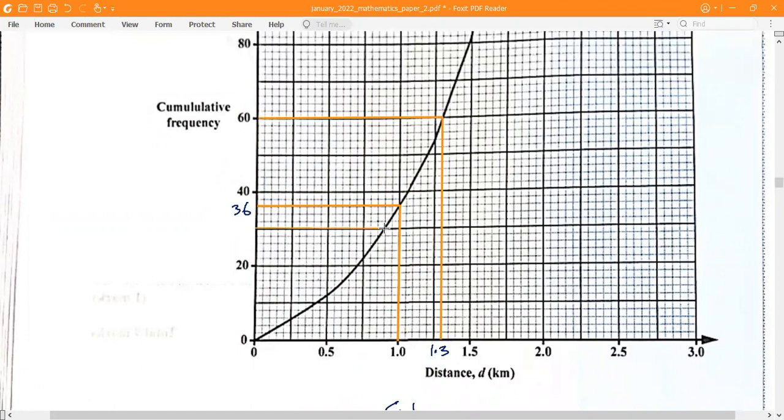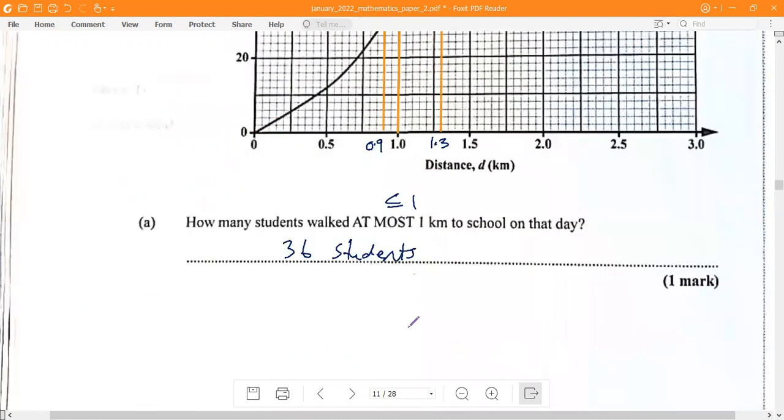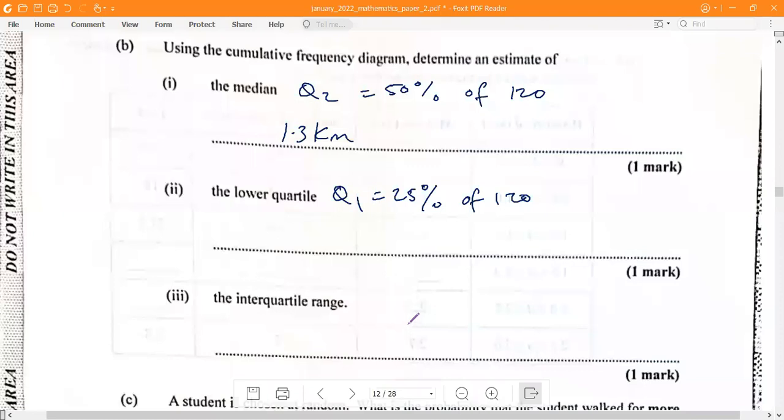Then we come down with a straight vertical line until we meet the axis and read off our answer. Remember, each small square is 0.05. So we get 0.9 for the lower quartile.